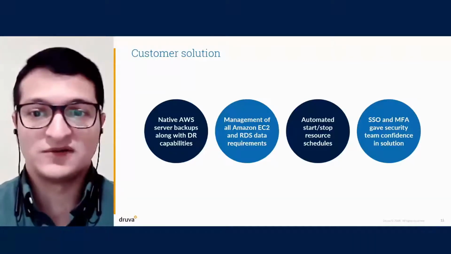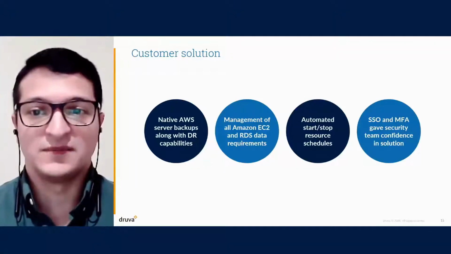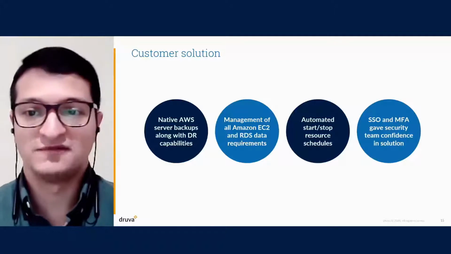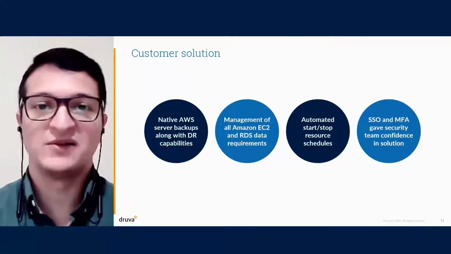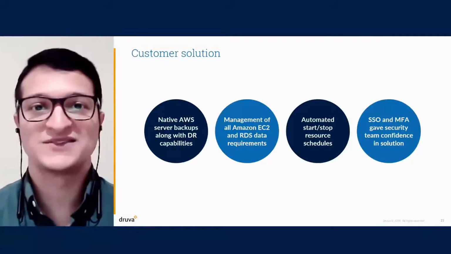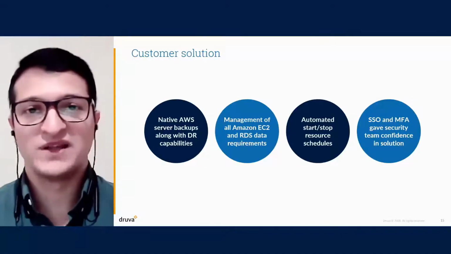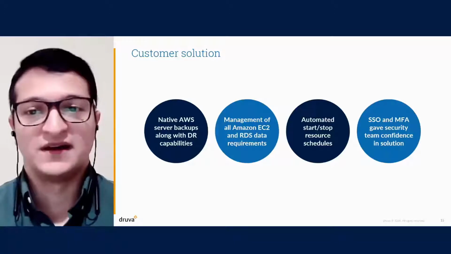And finally, we also have a very important feature, or a couple of features, that we didn't actually evaluate initially, but we learned that we needed them when we were in an audit.